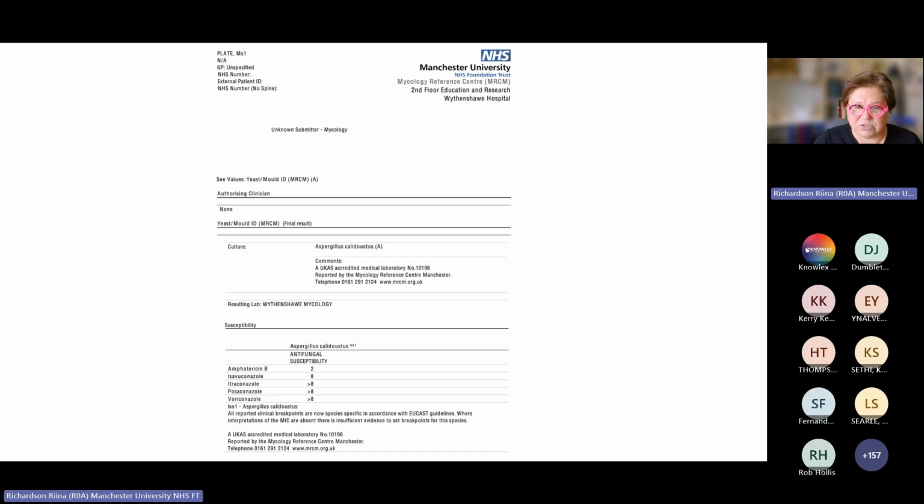That alerted us to the fact that calidoustus is known for being quite resistant, so we also did susceptibility testing, just in case somebody develops symptoms and requires treatment. You can see, if you can see anything on the screen, it's a bit small, but it's flatly resistant to all human antifungals, with maybe some efficacy still left in amphotericin B. So not ideal at all.